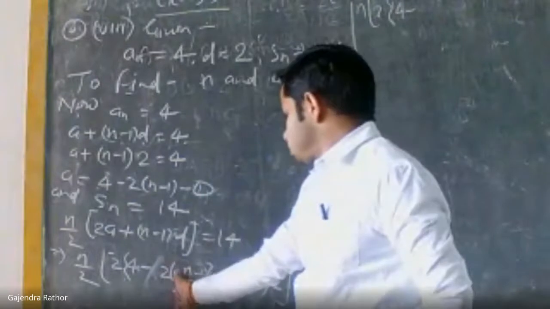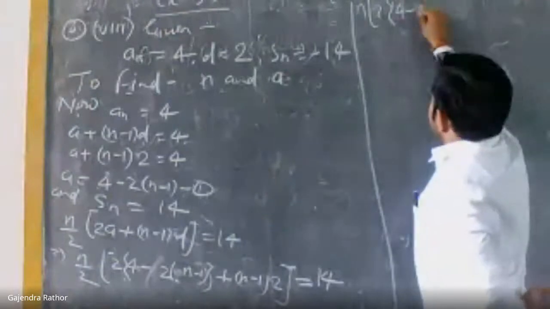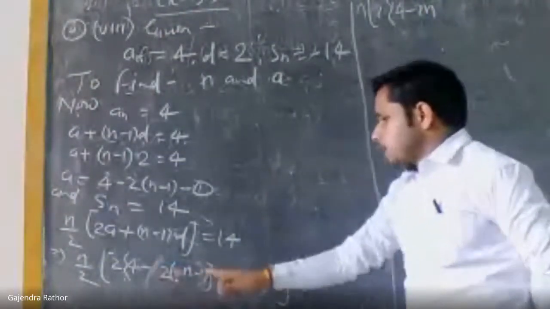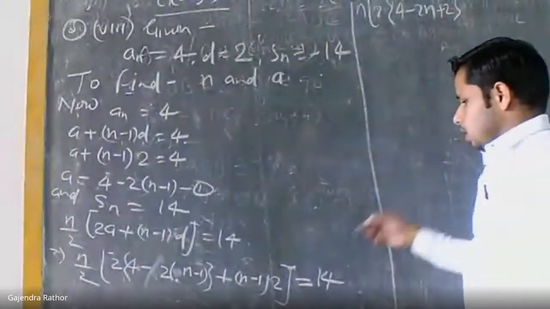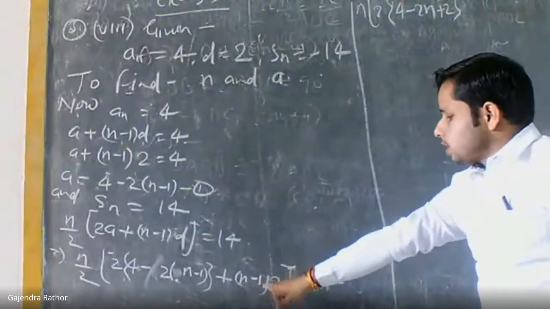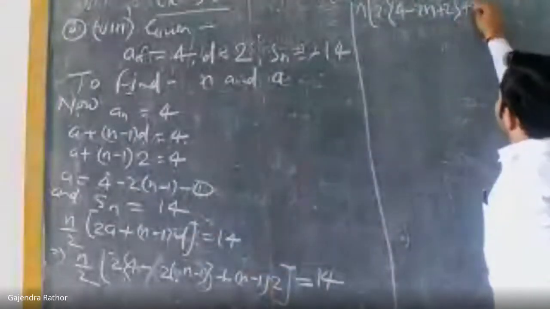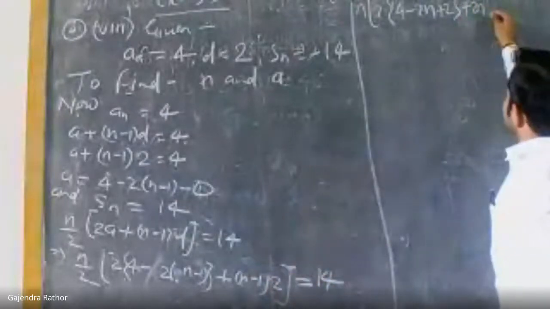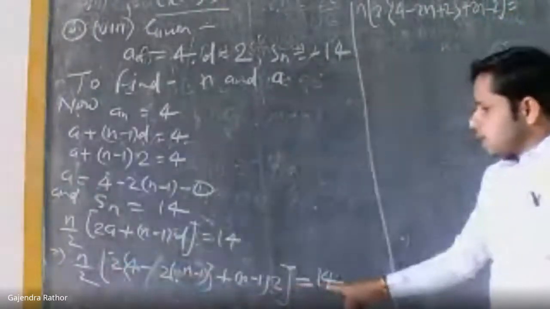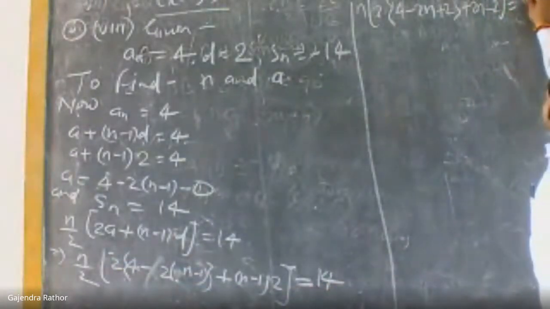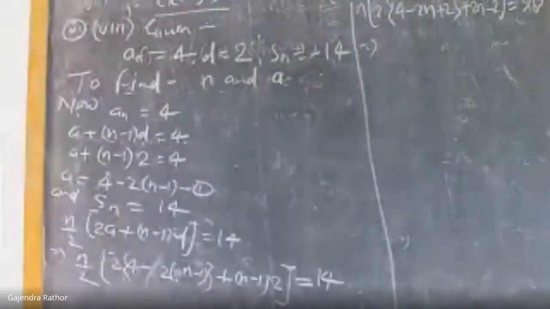Open this bracket: 2 into n is 2n, and minus into minus is plus, 2 by the 2, so plus 2. Next, the second bracket, again open it: 2 into n is 2n, minus 2. Equal to 2 into minus 40, which becomes minus 80. Next, continue.